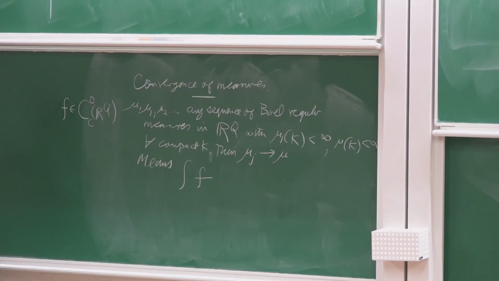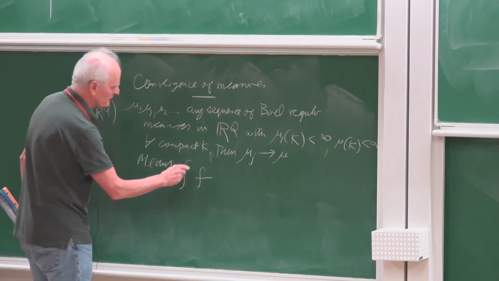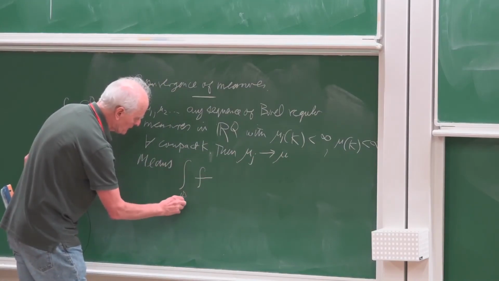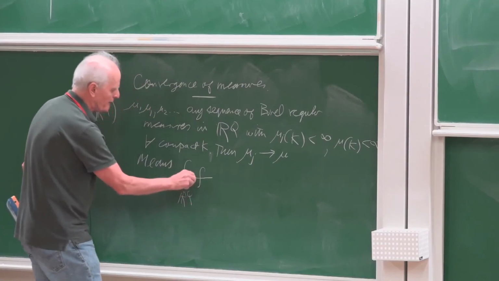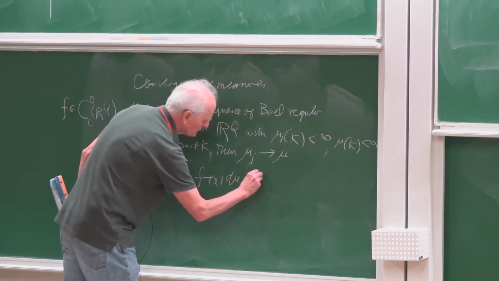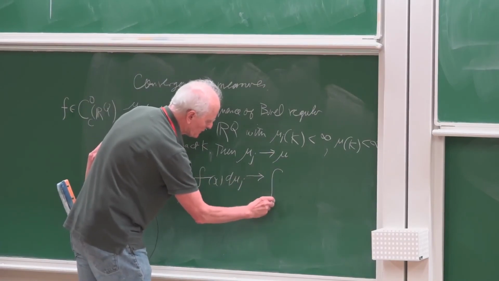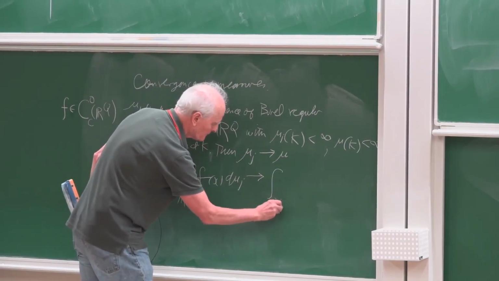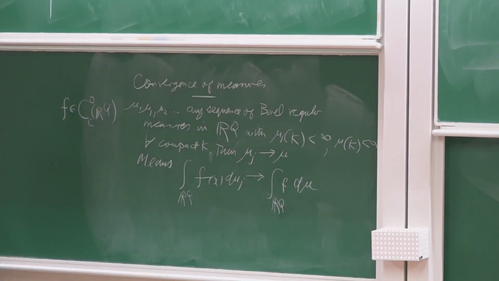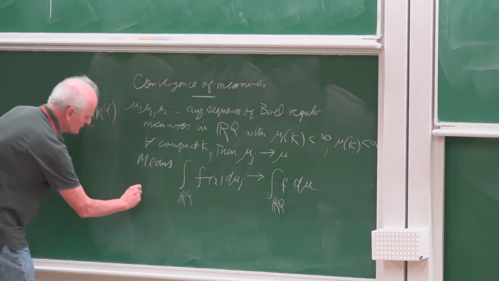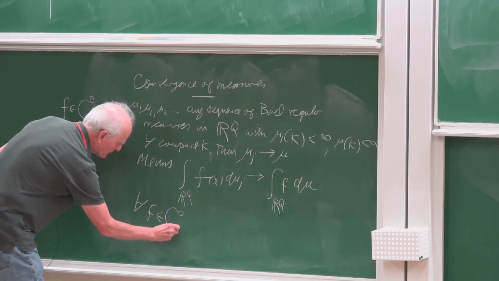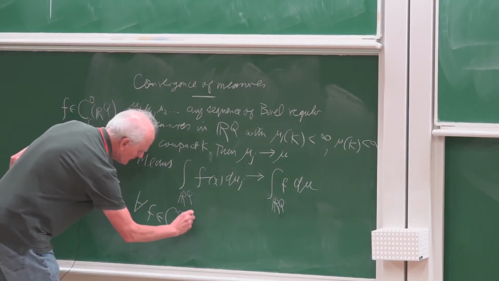Saying that mu_j converges to mu means exactly that when you integrate f(x) with respect to mu_j, that converges to the corresponding integral with respect to mu. And that should be true for every fixed f which is C_0 with compact support in R^Q.